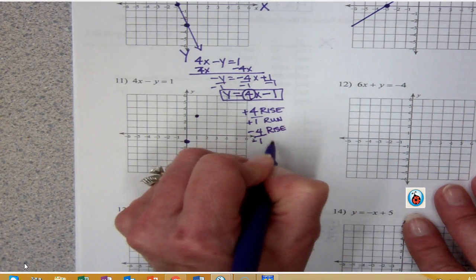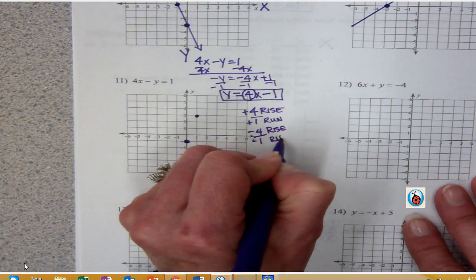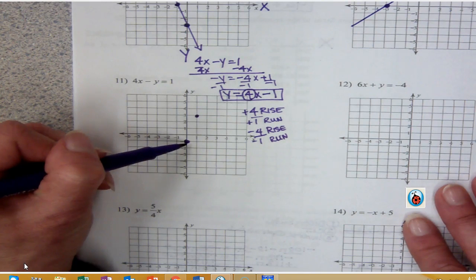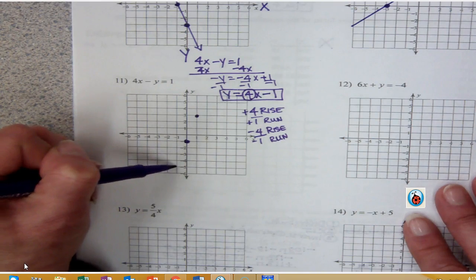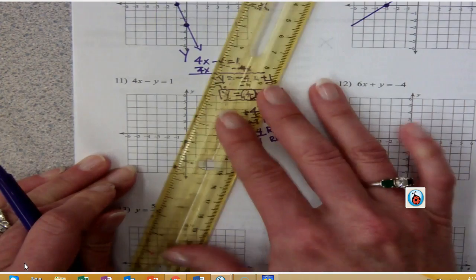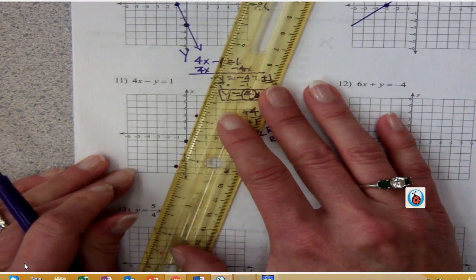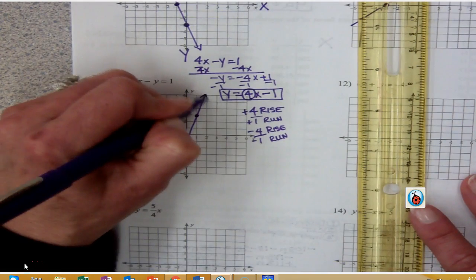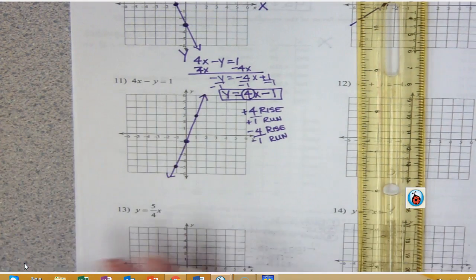I don't want to confuse you about that, but I know that sometimes on tests you don't know to go the other way, and I want you to be able to say, okay, 1, 2, 3, 4, and over 1. That's going to be right on the exact same line that we've created, because it's the same slope.